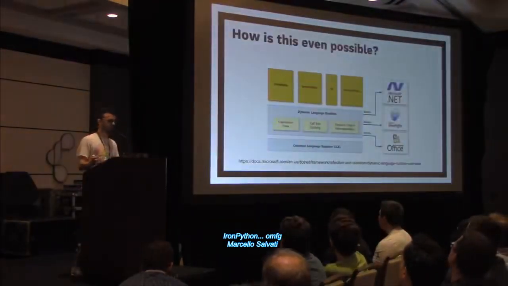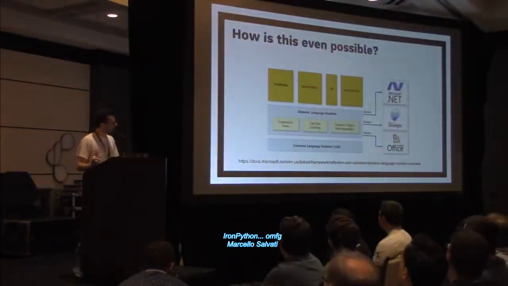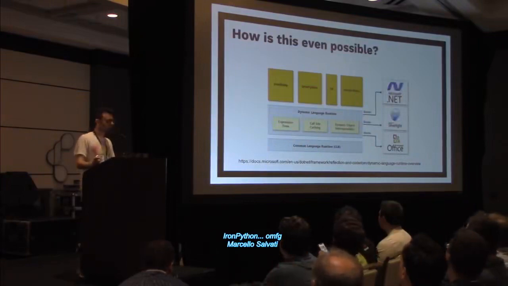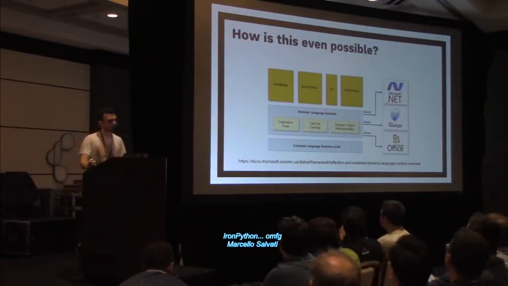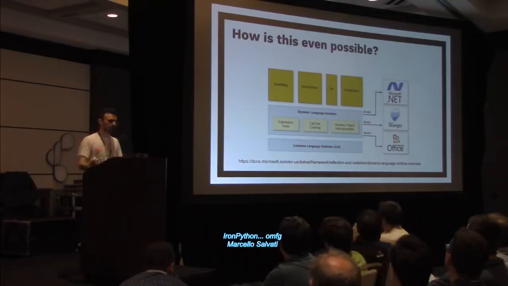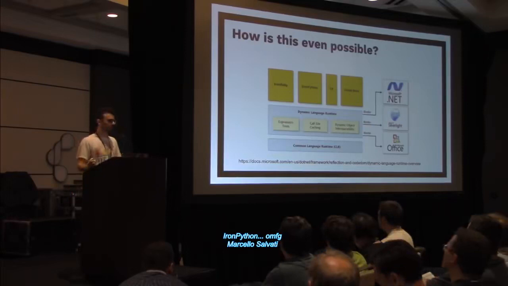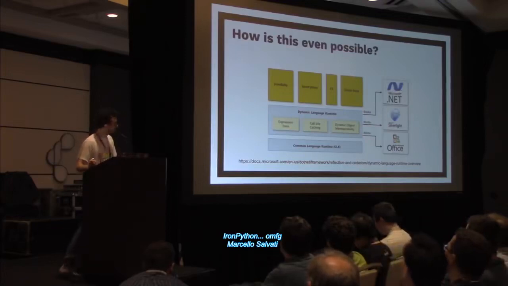But wait, there's more. We go deeper on this. It starts becoming like Inception. So how is this even possible, right? Well, it turns out there's the CLR, and then there's this thing on top of the CLR called the DLR. Before this, I had never heard of the DLR. But it turns out C# runs in the DLR, and all of the Iron languages run in the DLR. The DLR is basically an interface for scripting languages to the CLR.